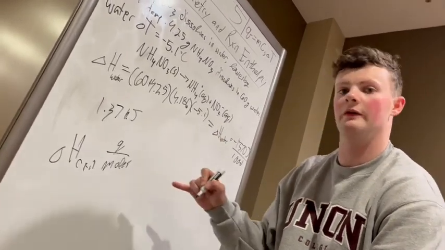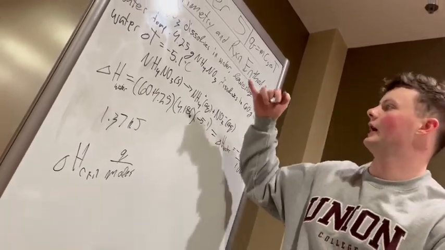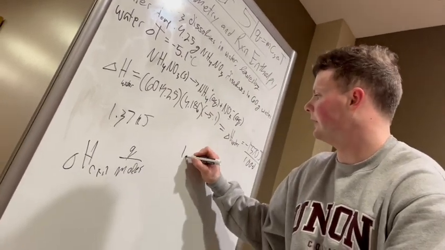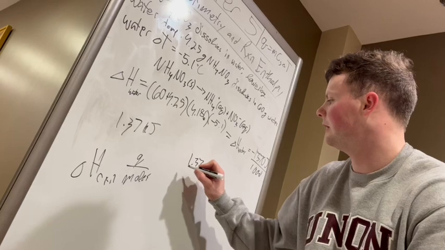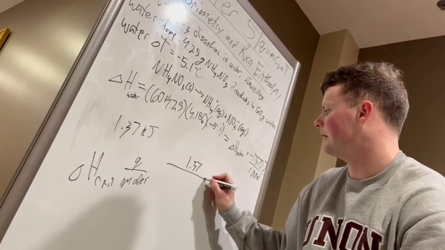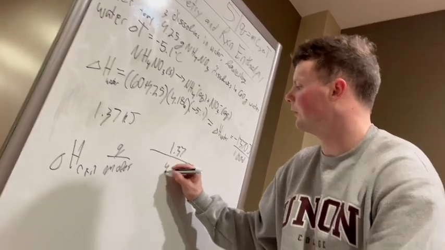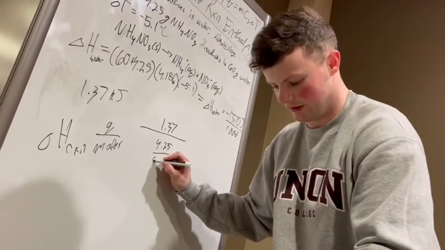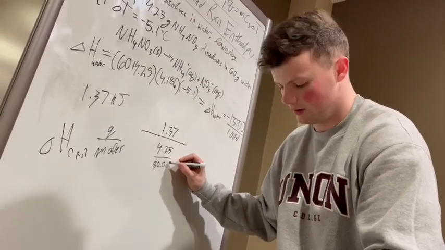And for moles, we're going to divide our grams given by the molar mass. So what we're going to have here is 1.37 over 4.25 divided by the molar mass of our substance, which is 80.044.